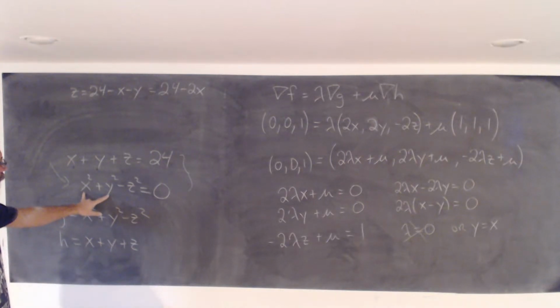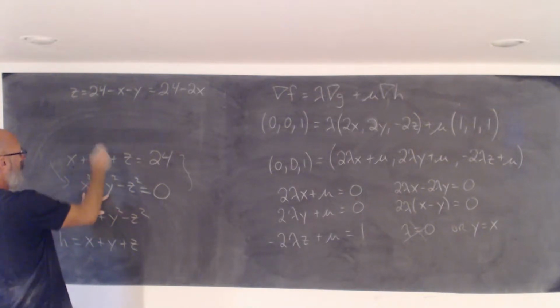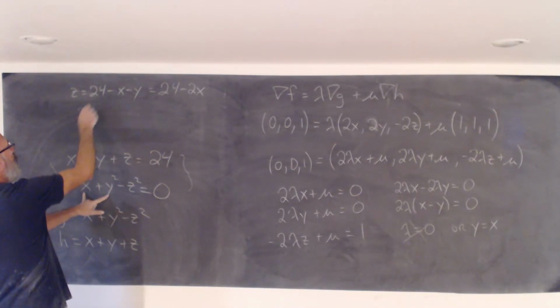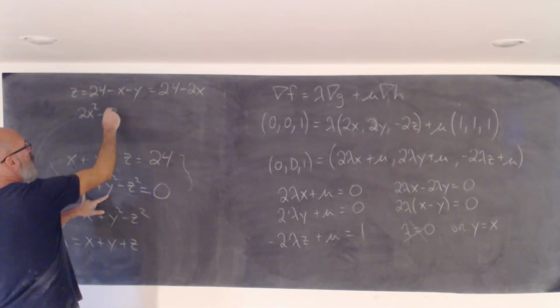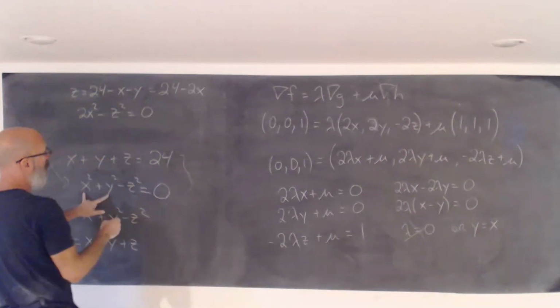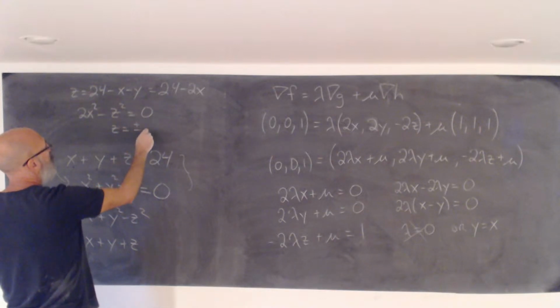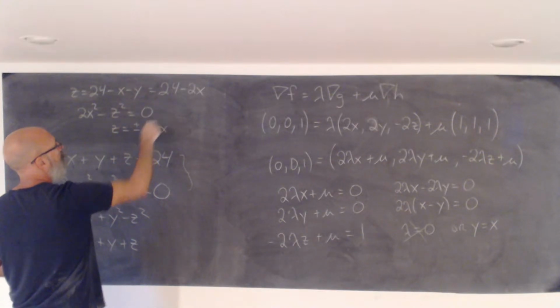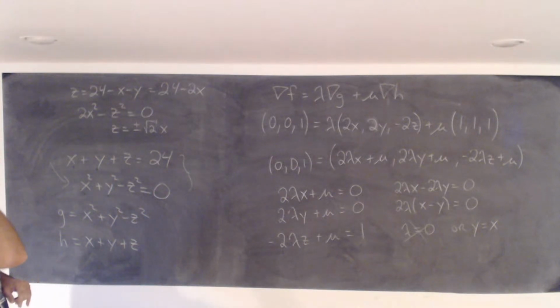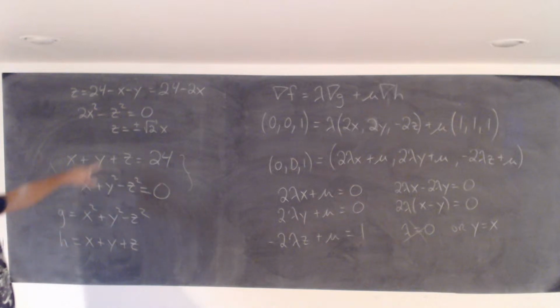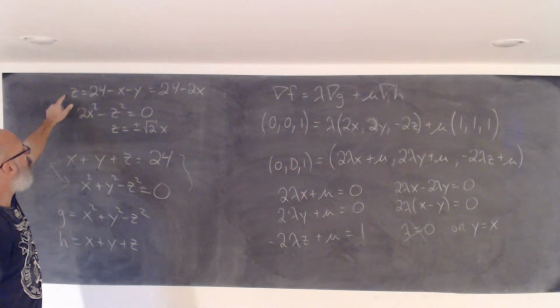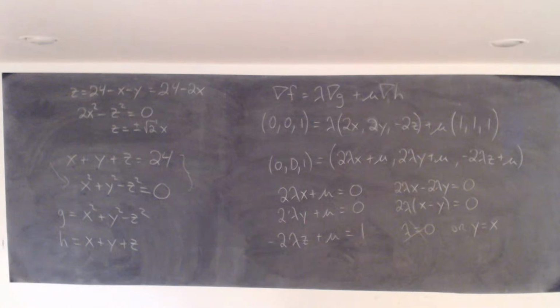And from here, if x and y are the same, then you get 2x squared minus z squared is equal to 0. So z is plus or minus root 2 x. And if you plug that back into there, you're done.